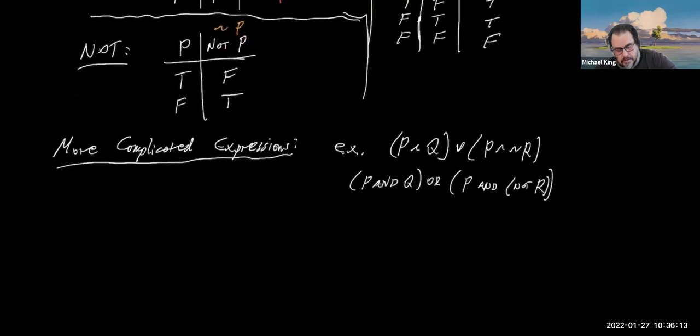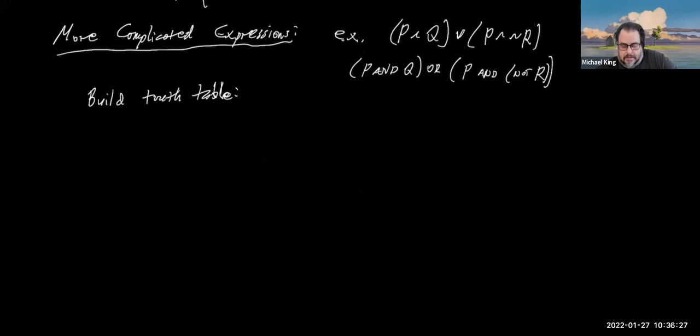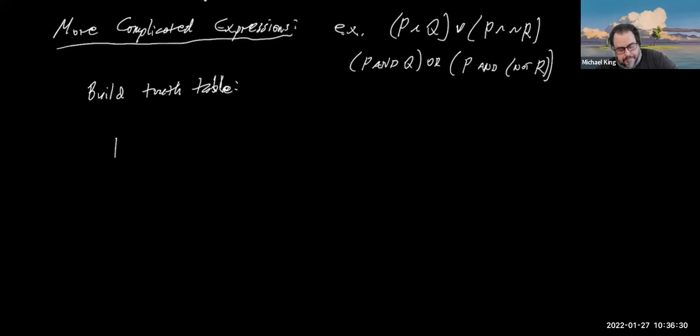So now we can build the truth table. And now we have three statements. So we have P. Actually, maybe this is a good time to do the fancy lines.